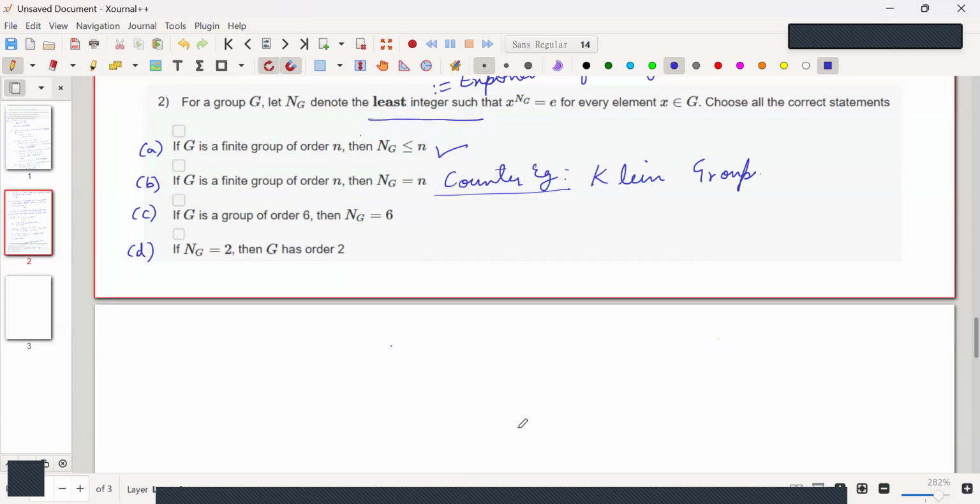So the B option is not true in general. For any n, this may not be true, but for n equal to 6, you are saying that this may be true. Why? I think it's Cauchy's theorem, right?